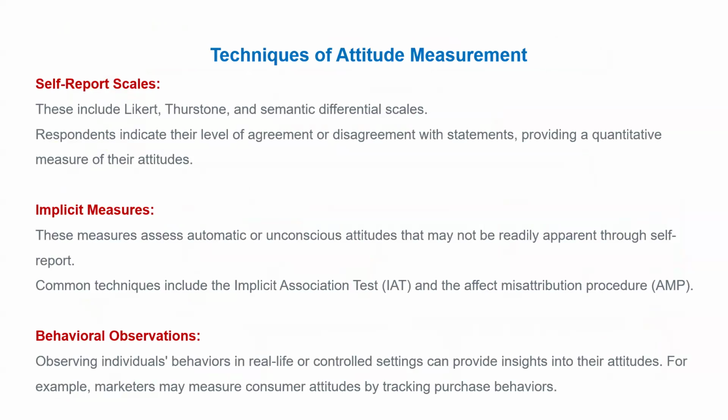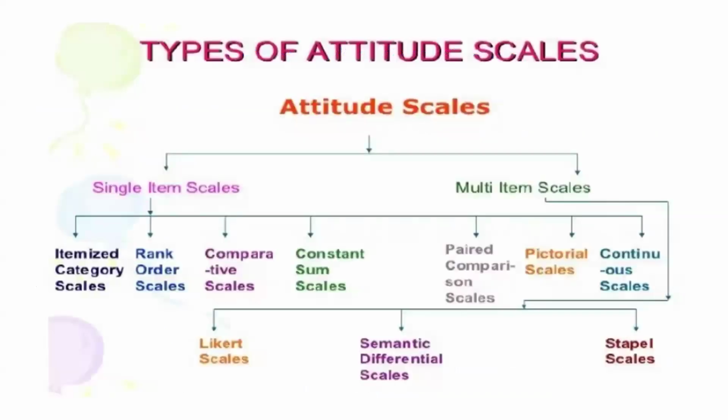Self-reported scales. These scales include the Likert scale, Thurstone scale, and semantic differential scale. Here, they are multi-level scales.